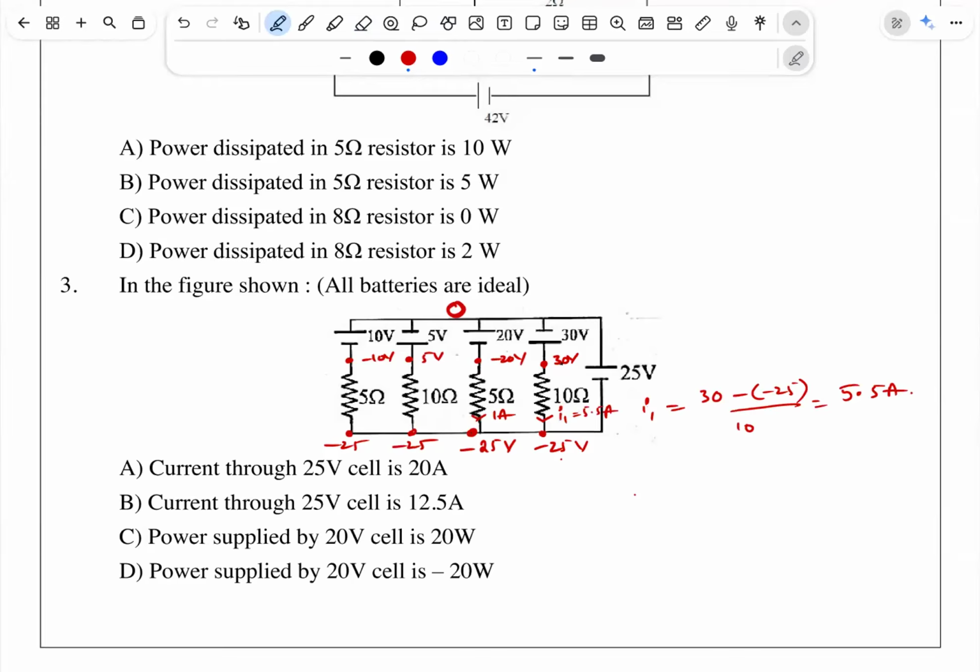Repeatedly do for the other 2 amps. 30 by 10, 3 amps. Minus 10, 15 by 5, 3 amps. 3 plus 3 plus 1, 7. 7 plus 5.5, 12.5. So the current through... So what is the power supplied by 20 volt cell? Current into voltage.